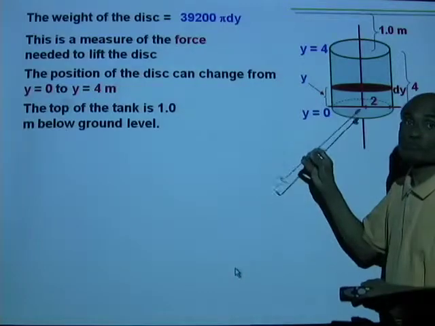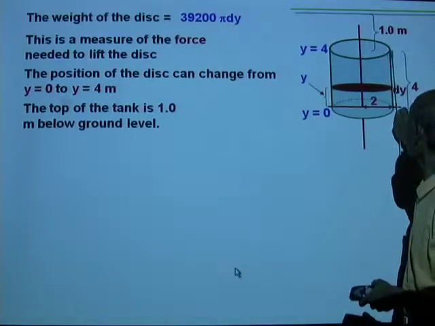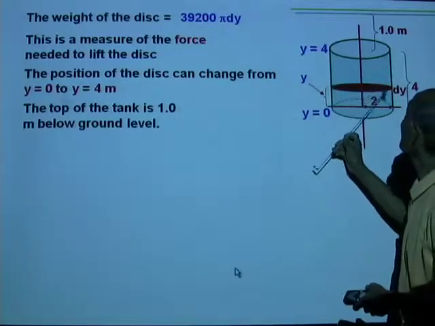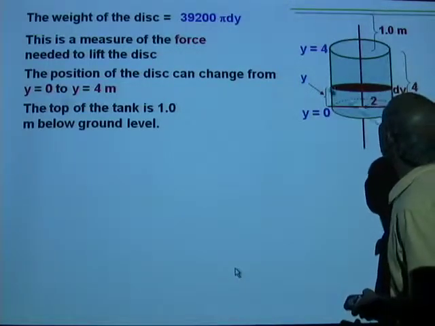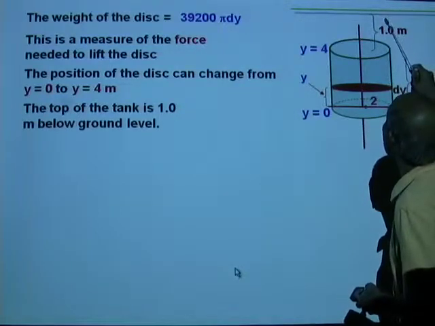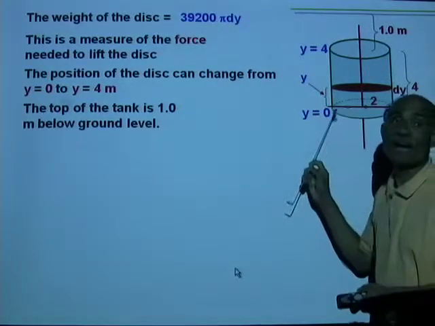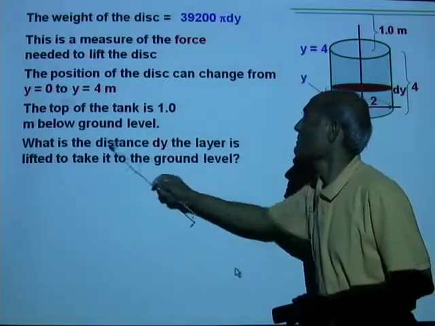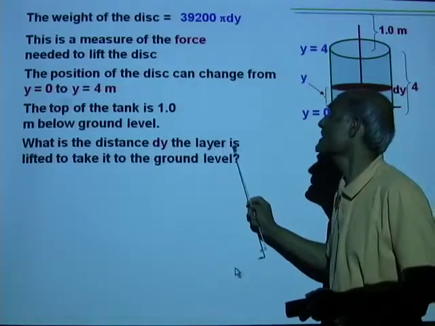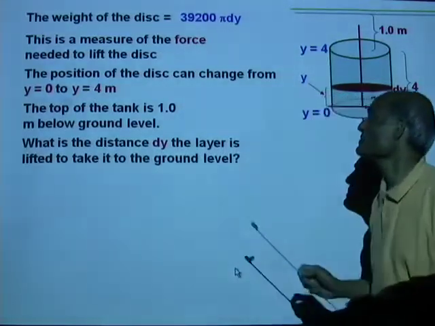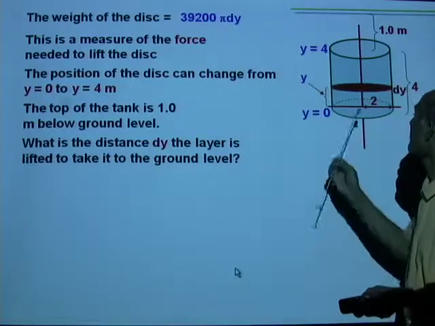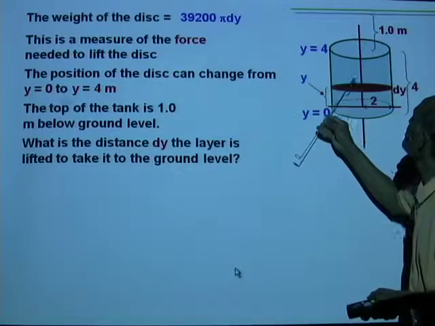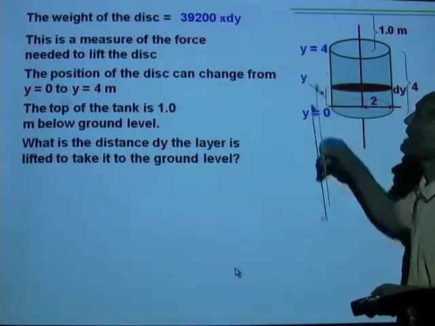That means if the height of the tank is 4 meter, the bottom of the tank is actually 1 plus 4, and therefore tell me what is the distance the layer is lifted to take it to the ground level. In other words, what is the distance that this layer has to be moved to take it out to the ground level?